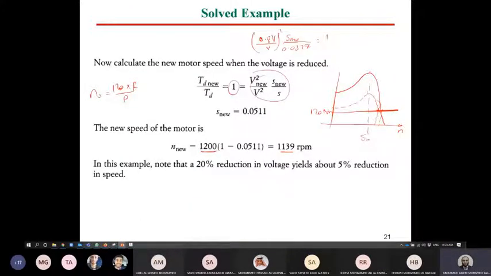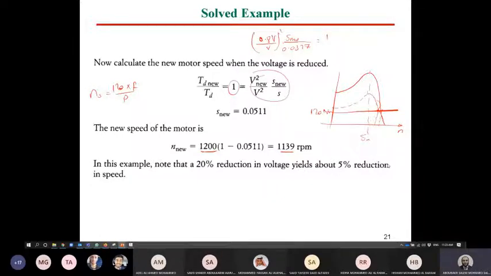If you calculate here the reference, it's stated that it's 5%. Honestly, I didn't calculate the difference, but we can calculate it now. It's 1139 minus 1160 over 1160. It's not 5%, it's only 1.8%.